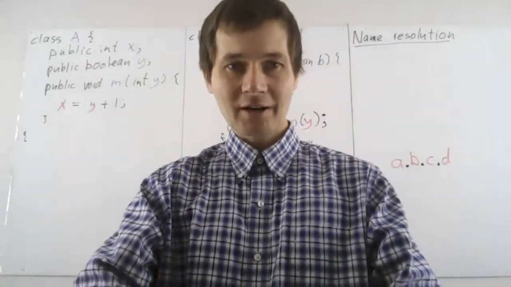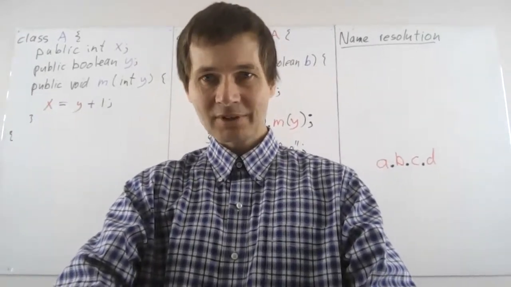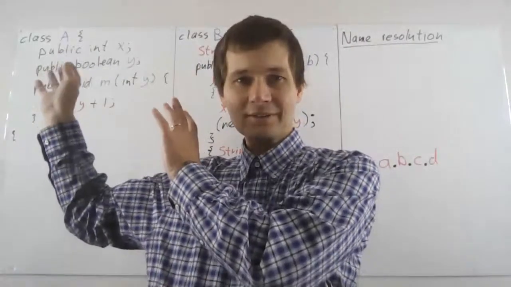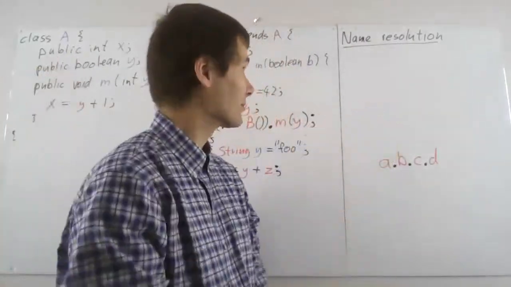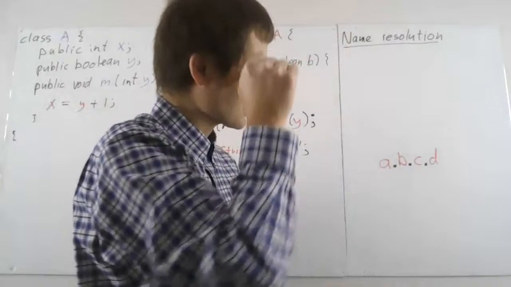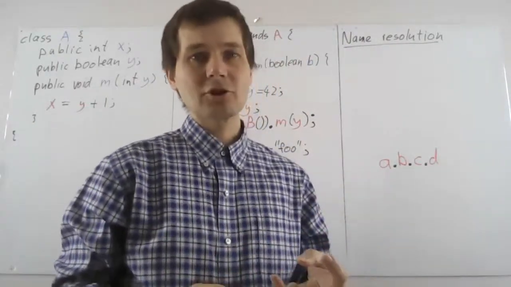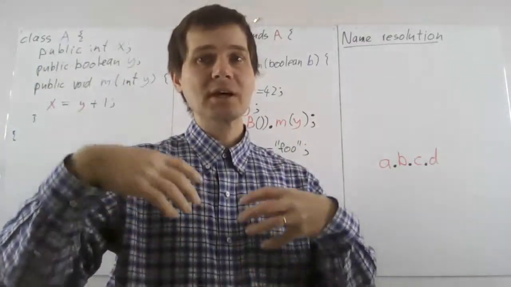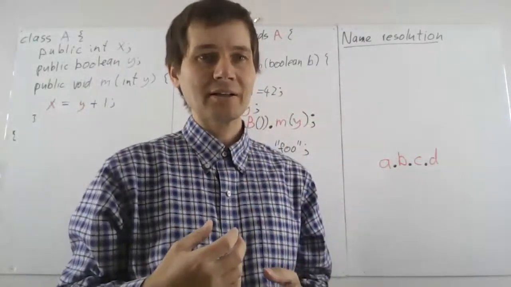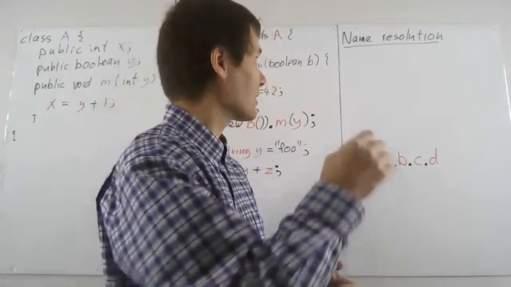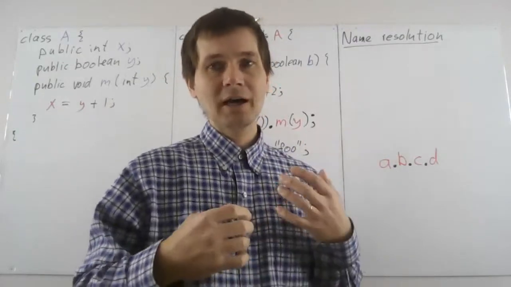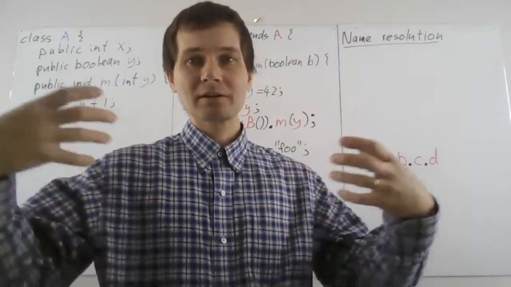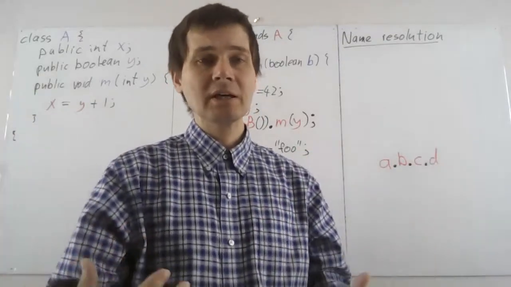Okay, and so I have an example on the board here, but ignore this stuff for now, and let's just look over here. So we're going to start with name resolution. Really, the two big topics in context-sensitive analysis are name resolution and type checking, and the two are usually discussed separately.